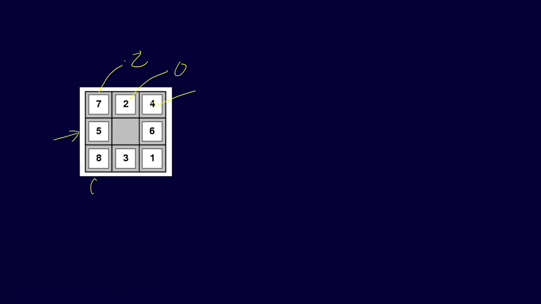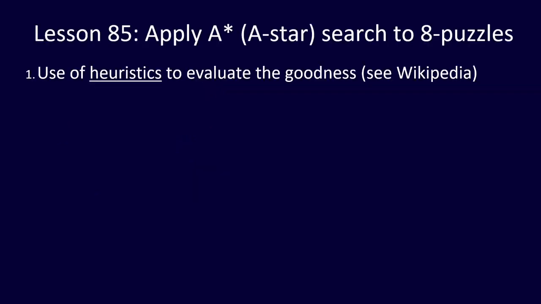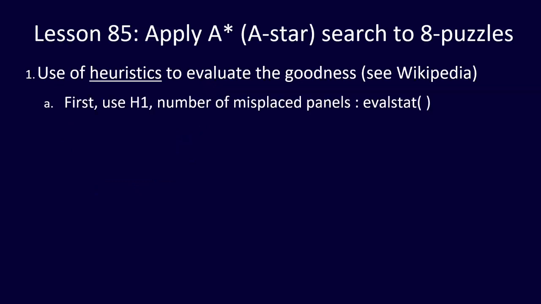So the distance is 1, 2, 3, like that. 6 is in the correct position, 0. 1 should go here, so it's like 1, 2, 3, 4, and like that.